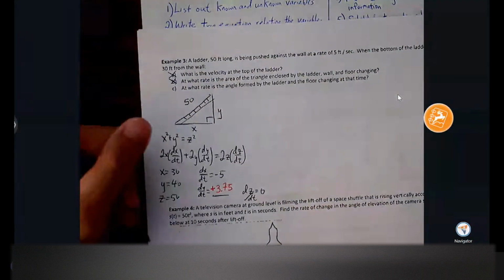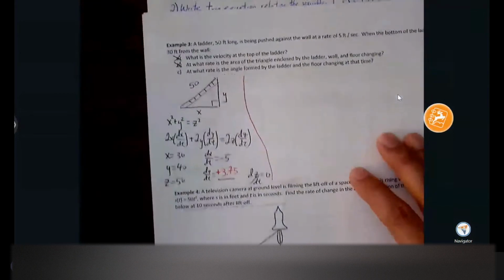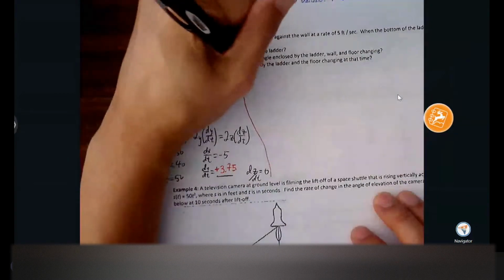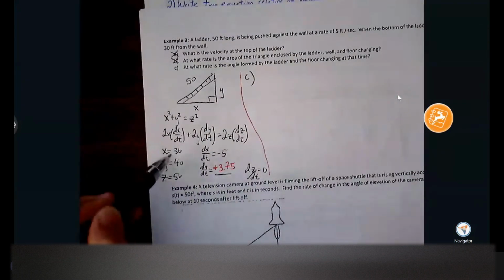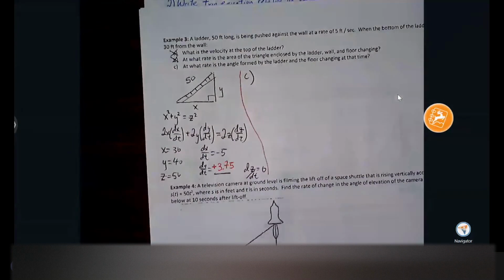Okay, so that's all the information from part A. We're just skipping all that, and we're just going to go to part C from here. Take these 5 variables, plug in, solve for dy/dt.